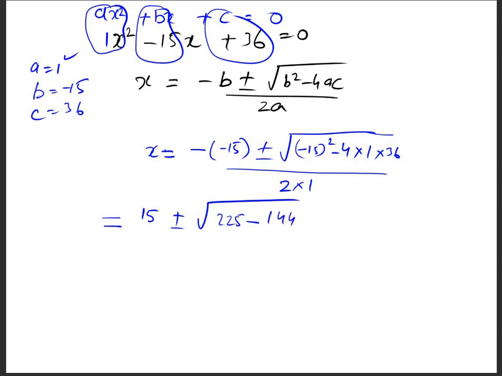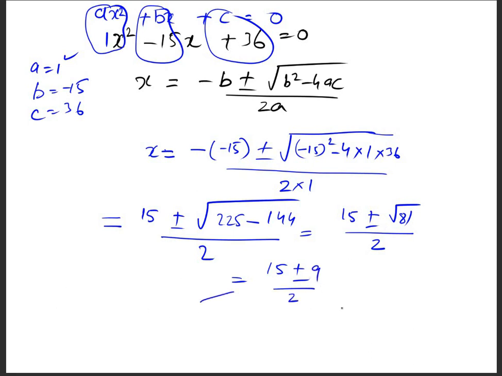Now when you take away 144 from 225, you get 81. And 2 times 1 is 2. So what's remaining is 15 plus minus the square root of 81 over 2. And then this becomes 15 plus minus, now the square root of 81 is 9, over 2.